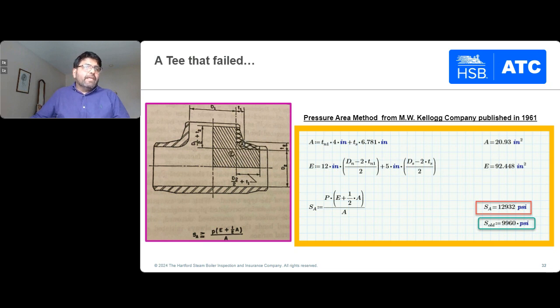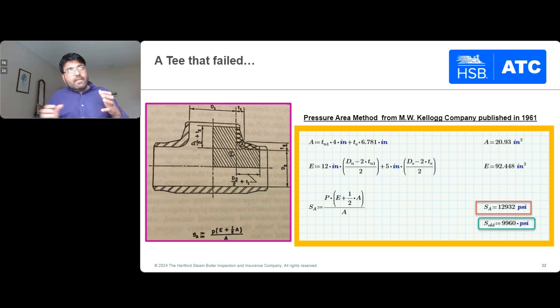And by rearranging these equations, we can then calculate the actual stress that is acting on that T. So that stress in this particular case was close to 13,000 psi, and that would compare with the allowable stress that I can get from Section 2 Part D for this T, which is only 9,960 psi. So that tells me that this T would be overstressed.